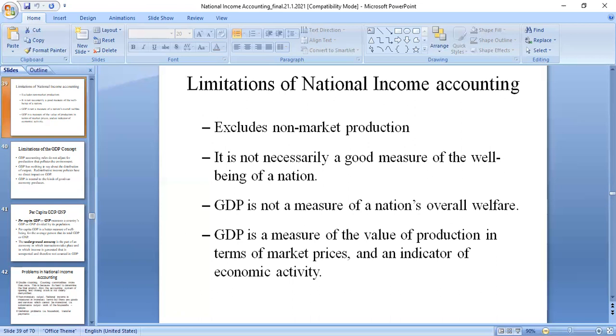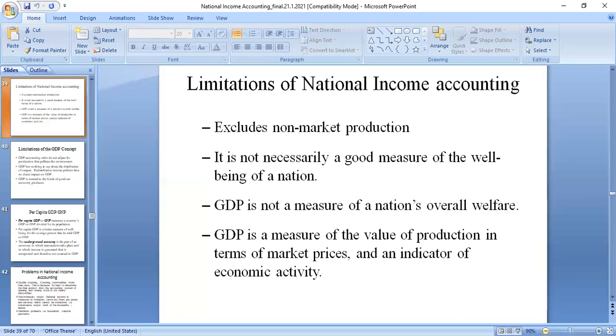So GDP is a narrow way of looking at the well-being of a nation. It's not a measure of a nation's overall welfare.